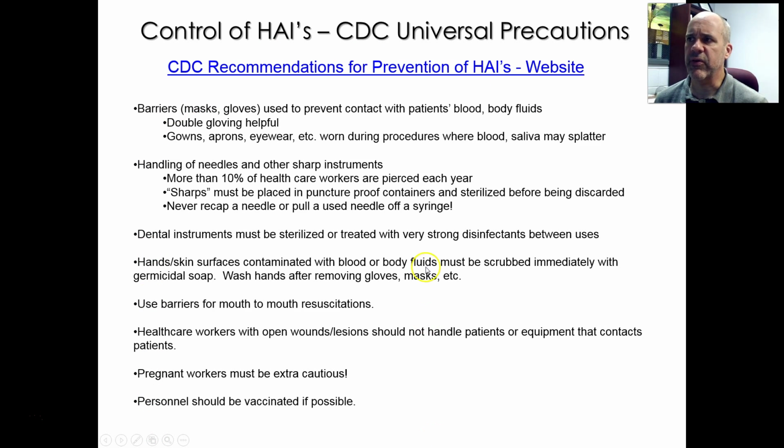But you want to read over those and be familiar with these. A lot of them are common sense, like handling needles and other sharp instruments. About 10% of healthcare workers each year are pierced by a needle. That's pretty scary. So, and there are rules in place to help you avoid doing that.